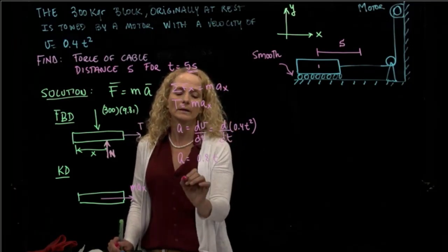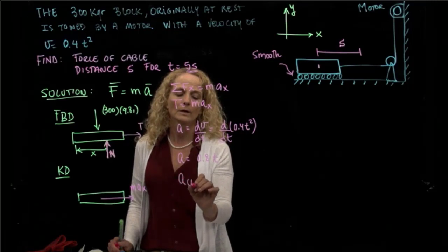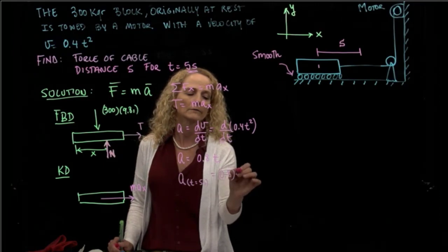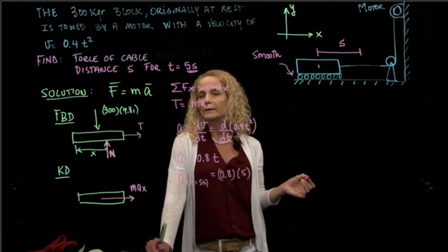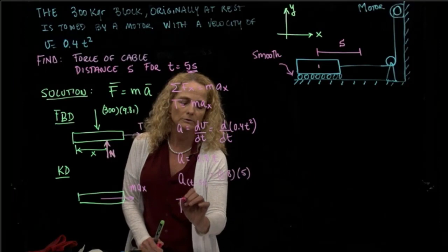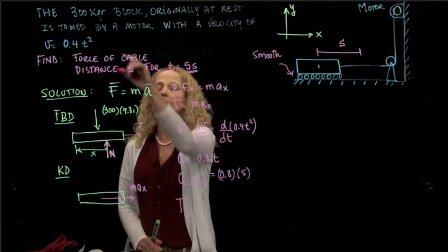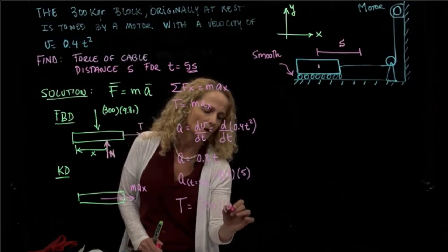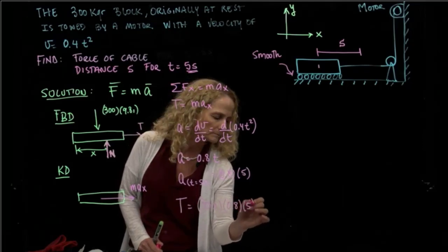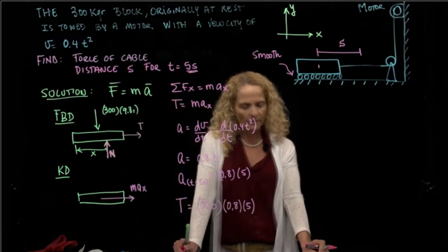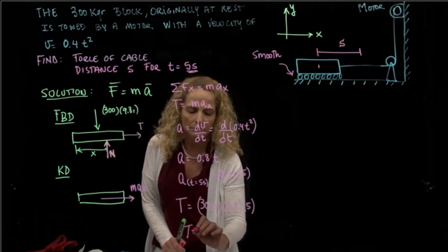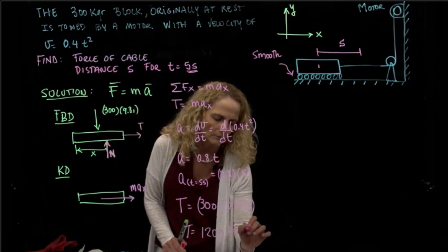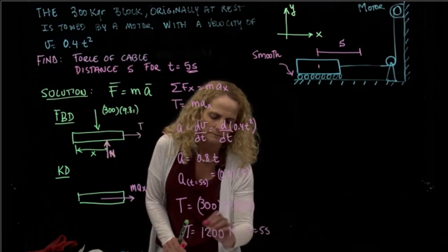We can plug that in, so that the acceleration for time equals 5 seconds will be 0.8 times 5. Having that, then we just have that our tension is equal to the mass, which is 300 kilograms, times 0.8 times 5. And that gives us a value for the tension equal to 1200 newtons for time equals 5 seconds.